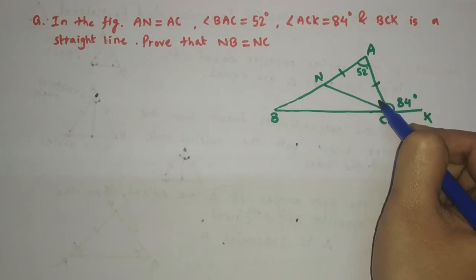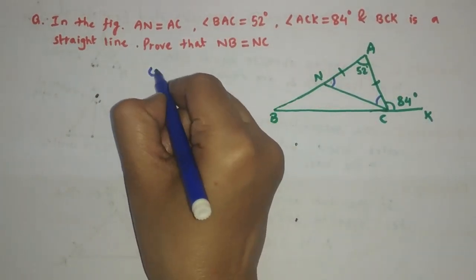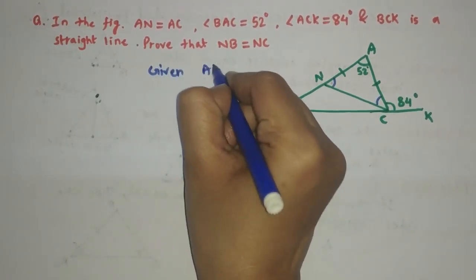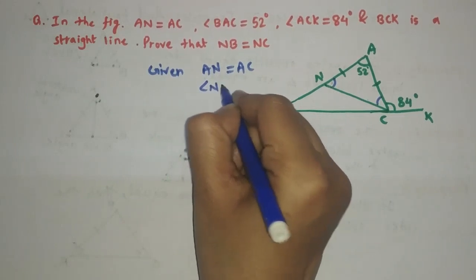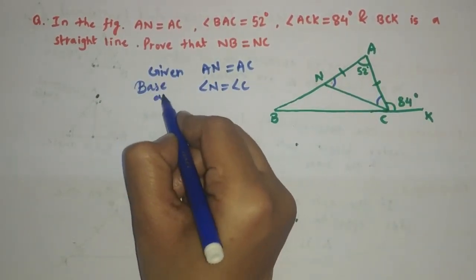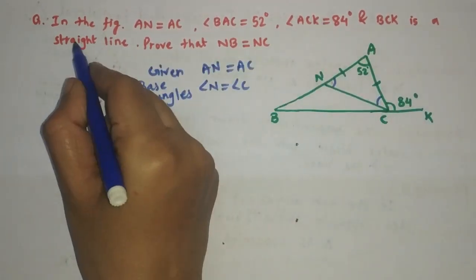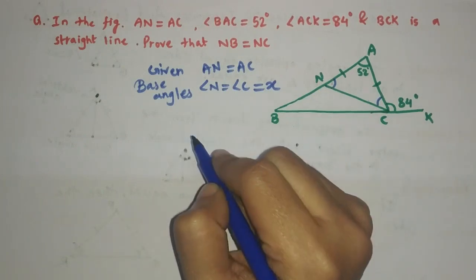So first of all, I will find out these angles. Given that AN is equal to AC, then angle N is equal to angle C. Base angles are also going to be equal, as the triangle is isosceles. So let us consider this is X.